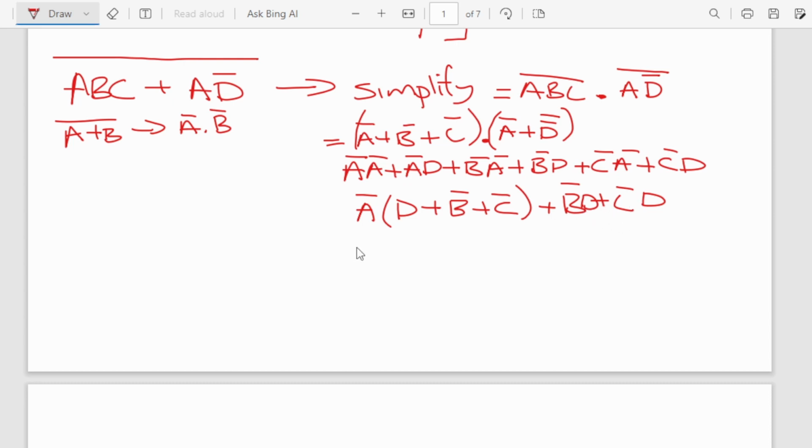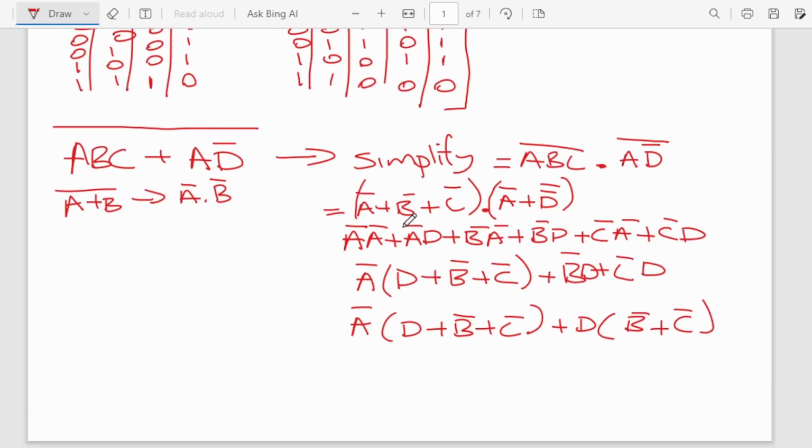So we will have A bar D plus B bar plus C bar plus D times B bar plus C. Right, so again, this we did by applying DeMorgan's theorem just across this, and so this is the term that we have brought it down to, right?